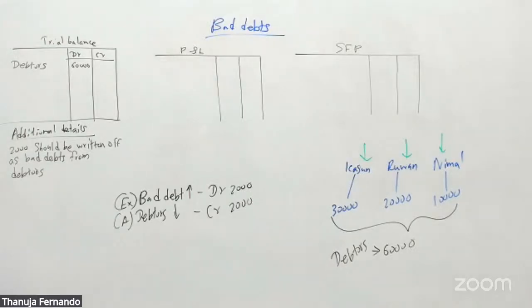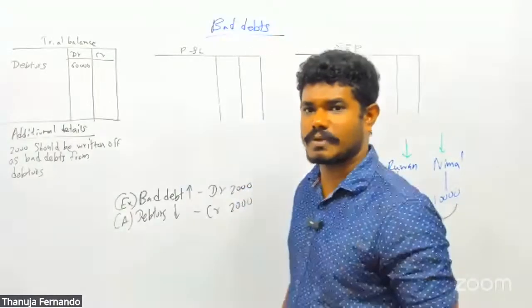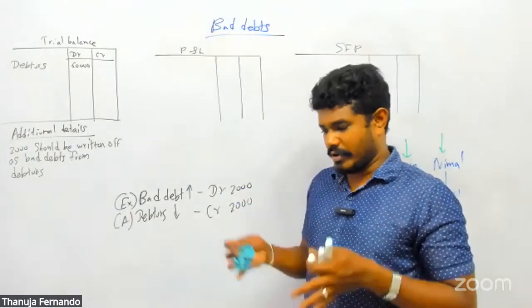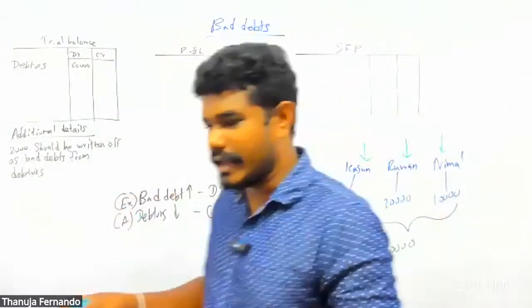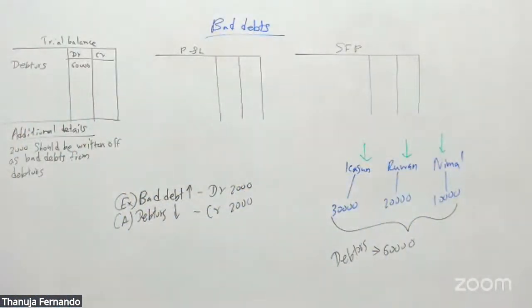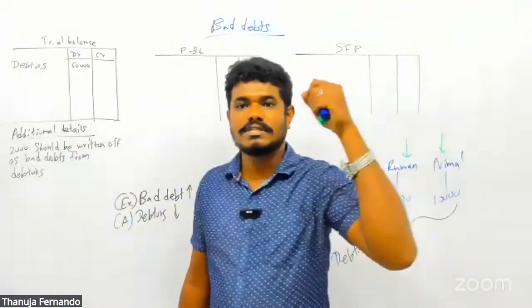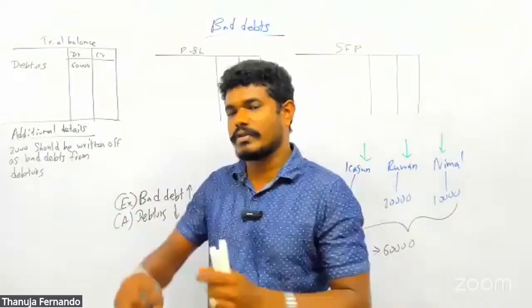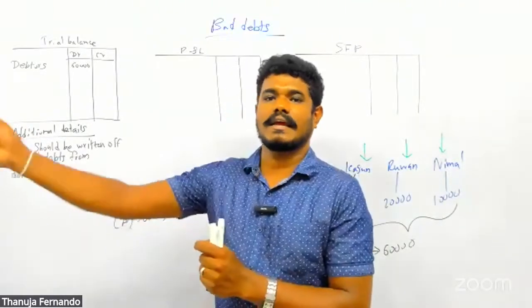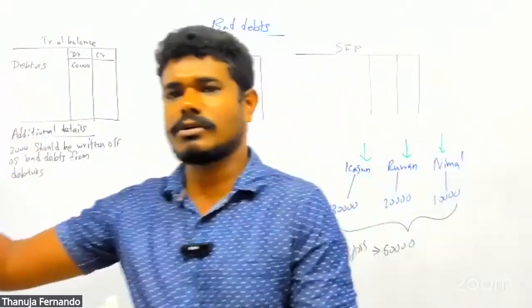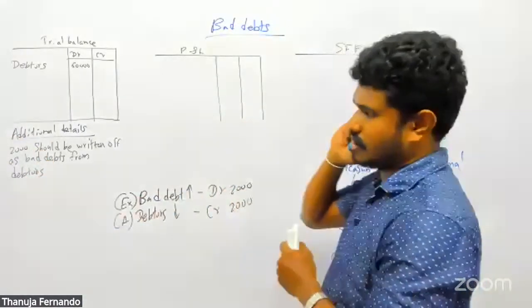Why do we consider it a distribution expense? When we sell goods, sometimes we have to sell on credit basis. So debtors are generated, and after that some debtors do not pay us.